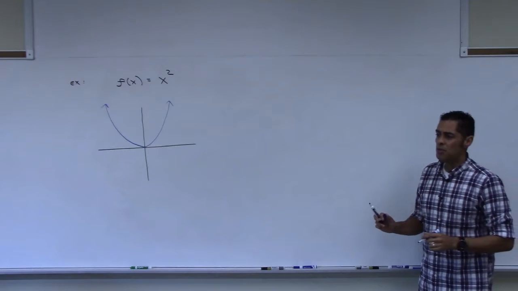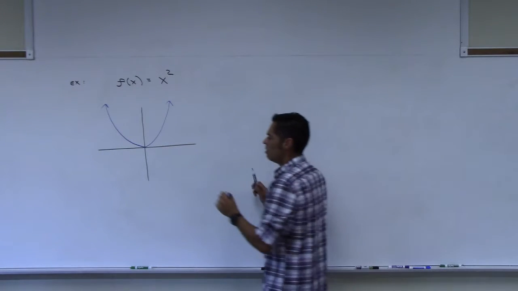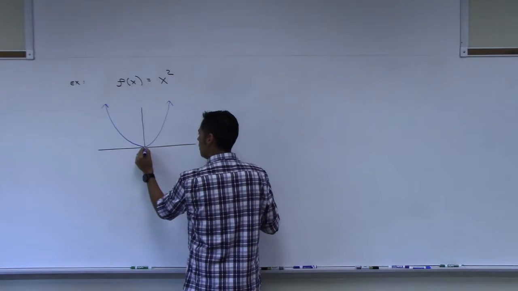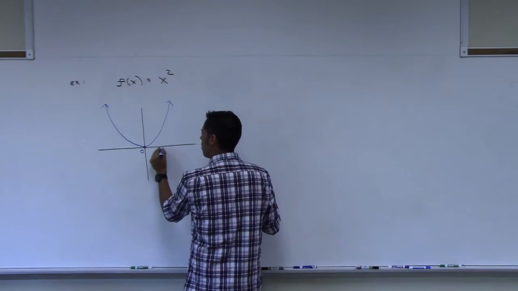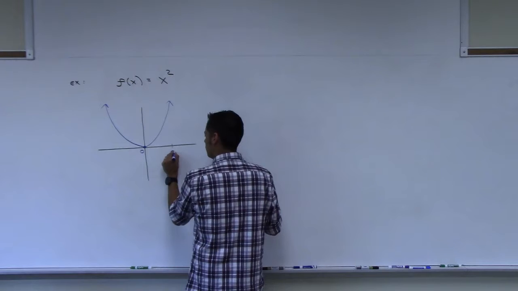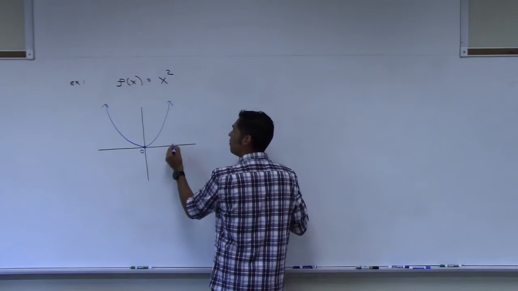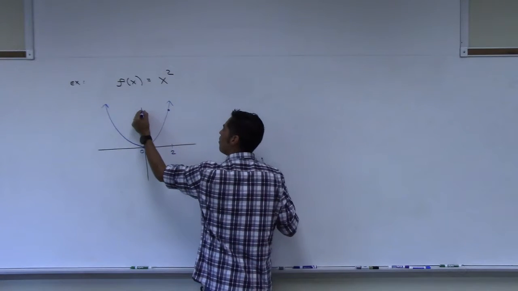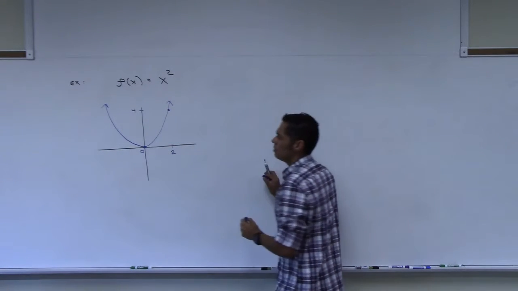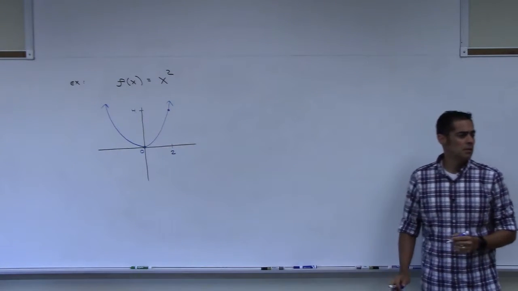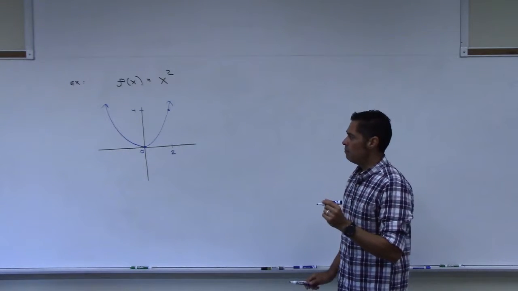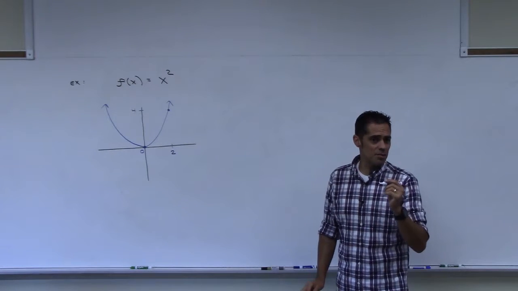What I'd like for you to do is focus your attention on the point here at the origin, and let's go out to 2. And if we go to 2 and we plug 2 into this function, it's going to spit out this point here, and that point here is 4. Y'all agree with that? So here's a pretty profound question that we as human beings asked ourselves a long time ago.